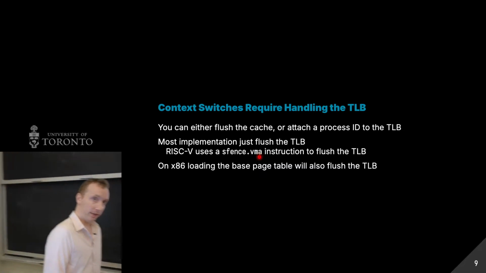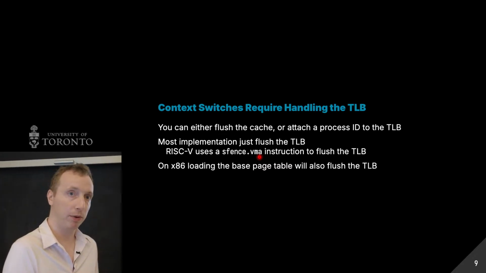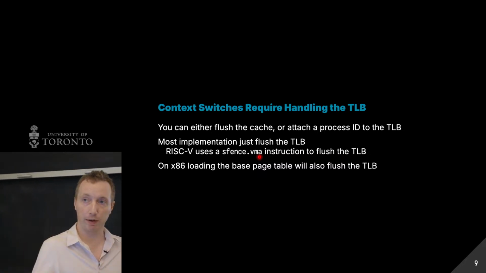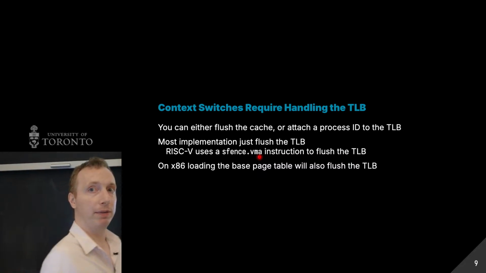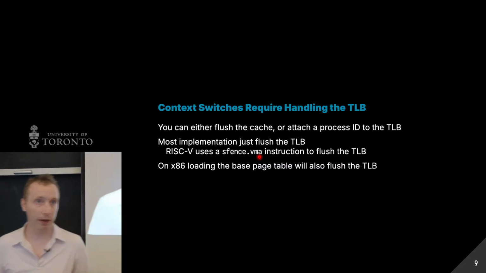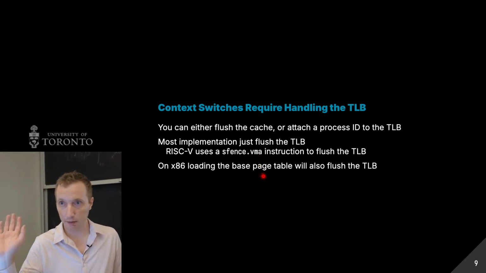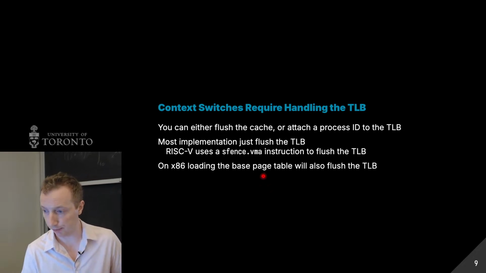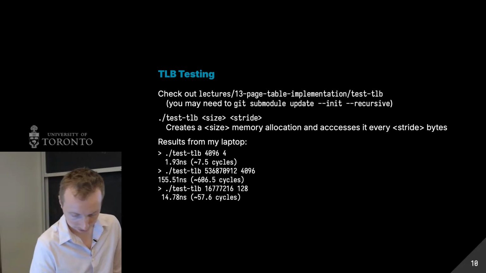On x86, the base page table or root page table lives in a register, and whenever you change the register value, which would be done as part of a context switch, it immediately flushes the TLB for you, so you don't have to do anything. If you're the kernel developers, it's immediately flushed or zeroed out at a hardware level, and it's all gone.